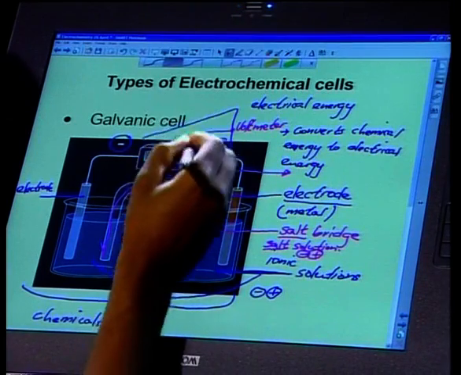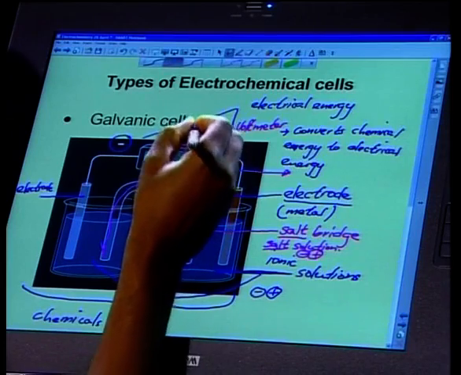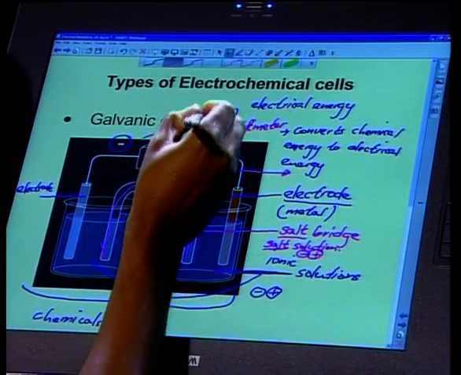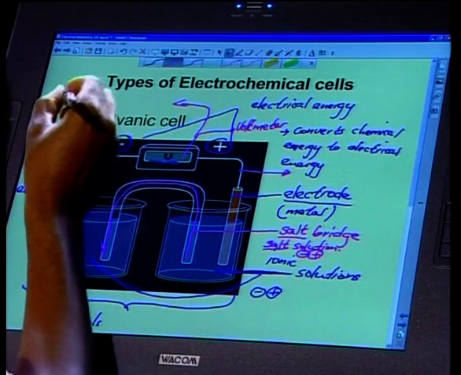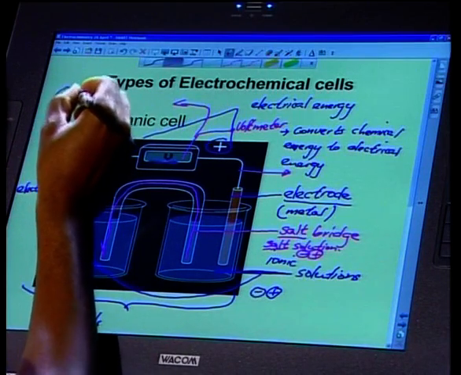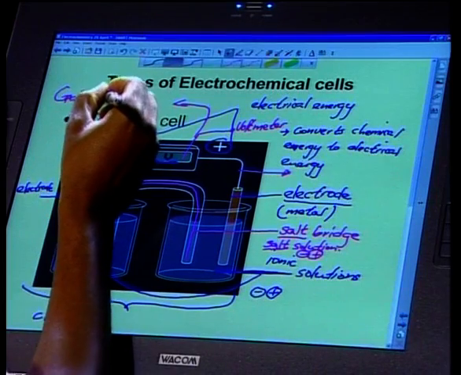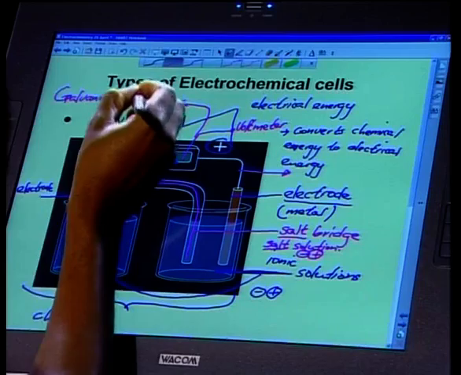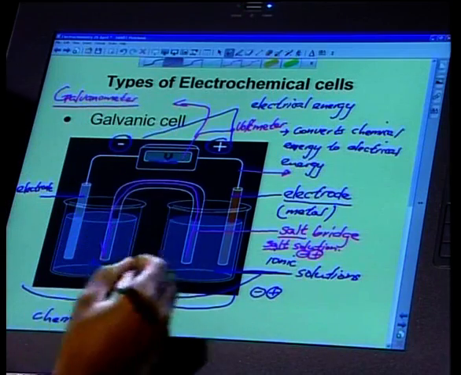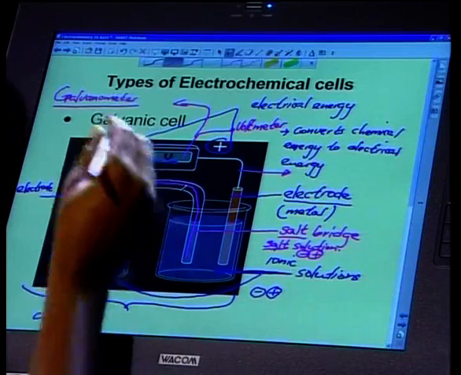And we usually, instead of a voltmeter, use what we call a galvanometer. Why is a galvanometer used instead of a voltmeter? Because the voltage produced by this cell is very small.